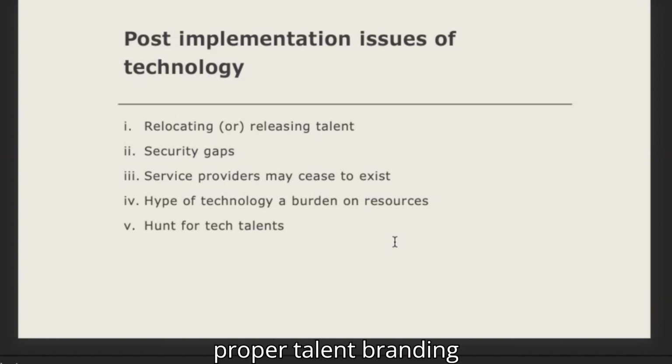So without proper talent branding to attract new and bright minds, it is not even feasible for organizations to reap the benefits of the new technology. So the talent hunt plays a major role when we try to implement the technology. Of course, this can be seen as a pre-factor also, that makes sense.